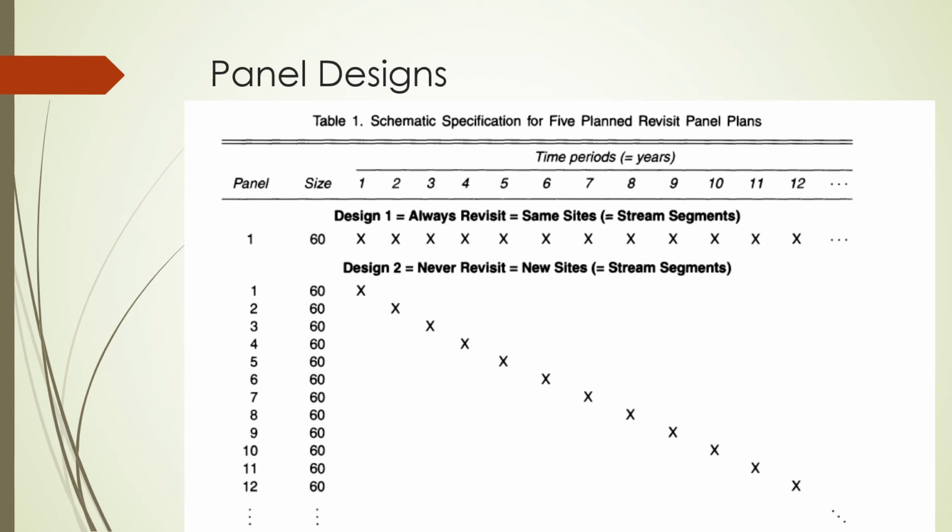So the top row of X's would refer to design 1, where you're always revisiting the same sites. Design 2 is the never revisit. So each year you would choose 60 new sites to go out and sample. So your X's basically fall along the diagonal.